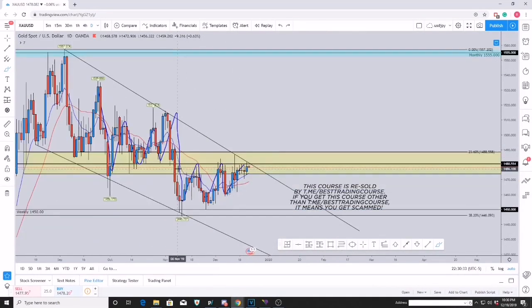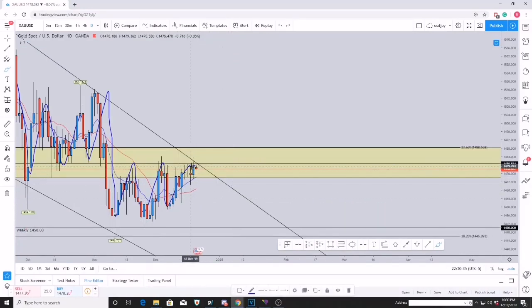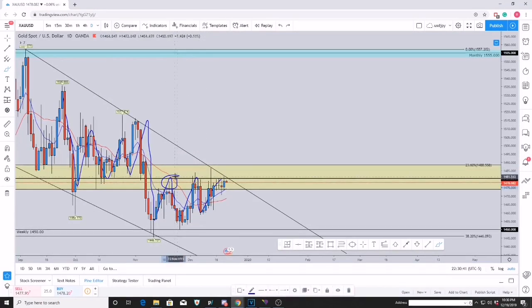How can we tell this? Well, it's all about reading price. The candlesticks are getting smaller towards this area of previous support, now turned into an area of resistance, as you can see here. We also see big wicks to the upside here. So the probability of price rejecting this level and going down is a lot higher than price continuing to go up.